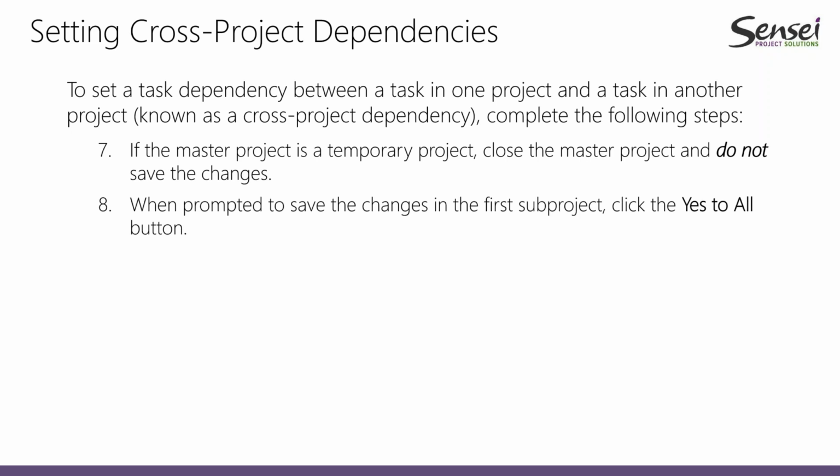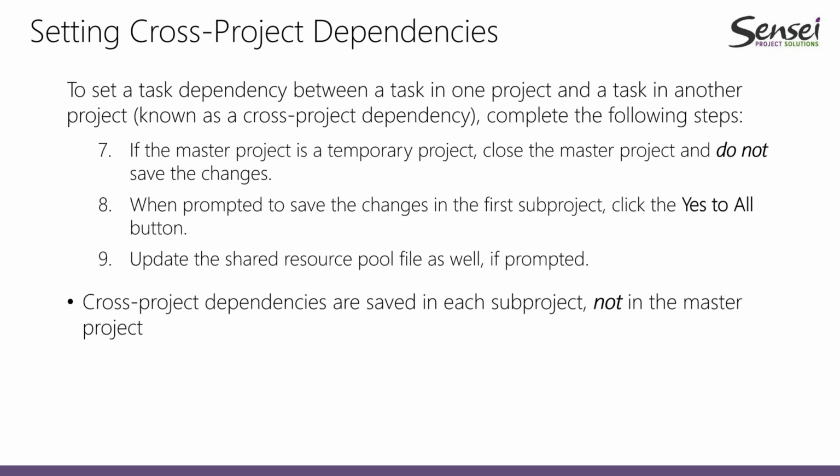And then you will be prompted, as I showed you before, do you want to save the changes in the first sub-project? And ladies and gentlemen, just click that magic Yes to All button, and then update the shared resource pool file, because it will prompt you to do that as well.